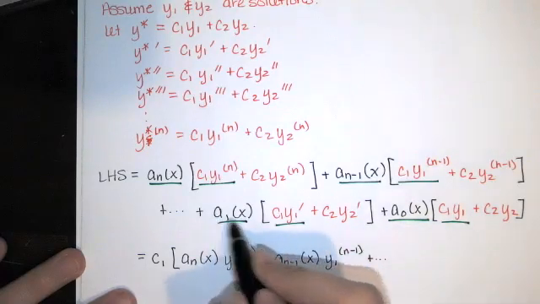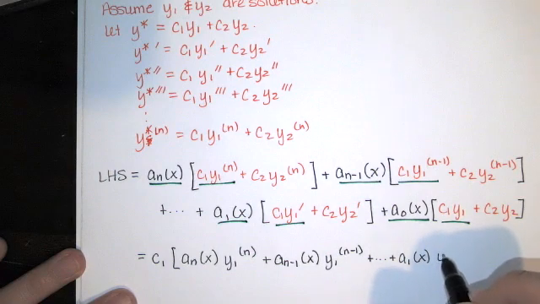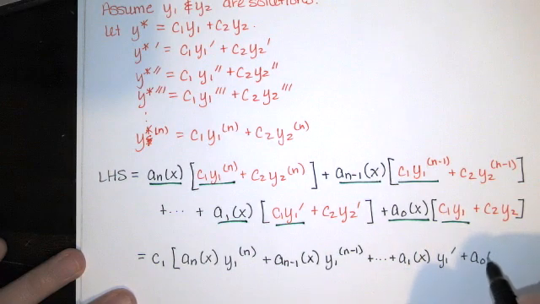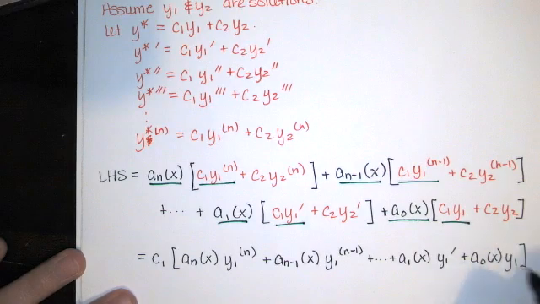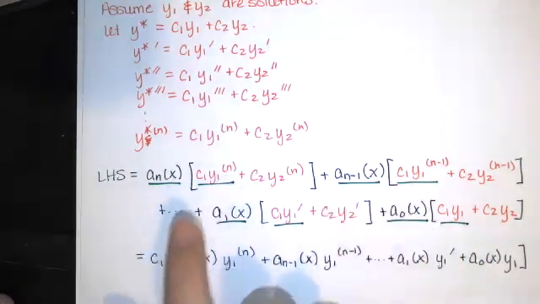And you keep going, then you've got a sub 1 times y1 prime plus a sub 0 of x times y1. And that's just all of those that had a C1 in them.